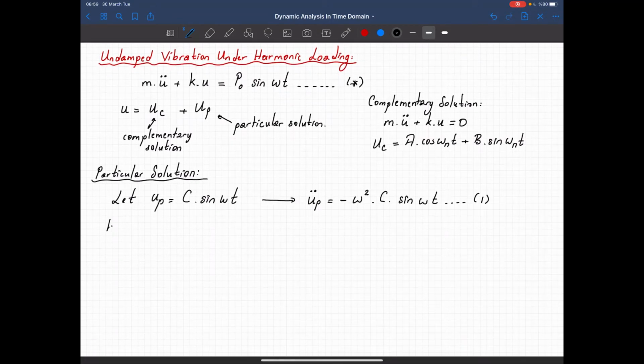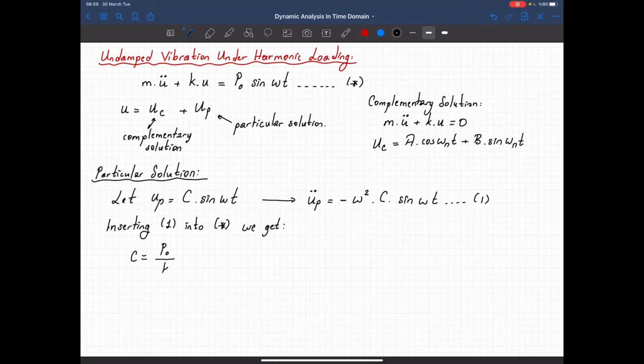So inserting 1 into star, we get C as equal to P0 over k.